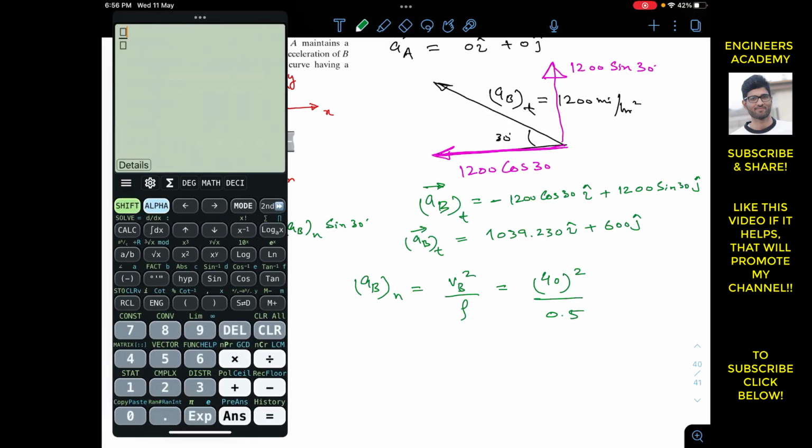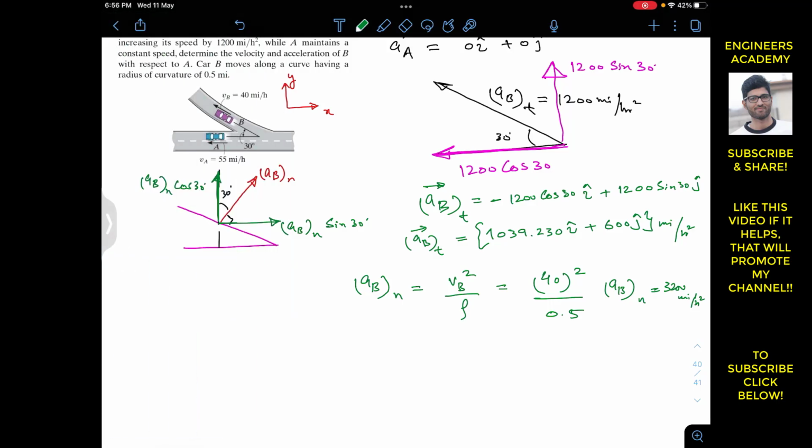So 40 square divided by 0.5 gives us 3200. So ABN, the normal component of the acceleration of B, is equal to 3200 mile per hour square, and remember that this is in mile.